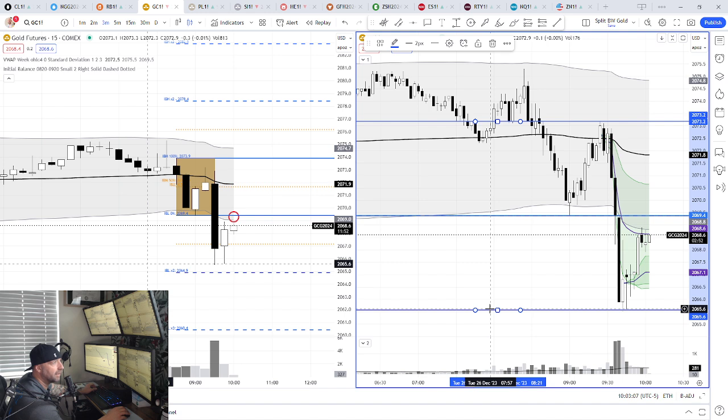Are you waiting for this thing to break into value to go long? That is what I'm looking for right now. Cash is my position at the moment.